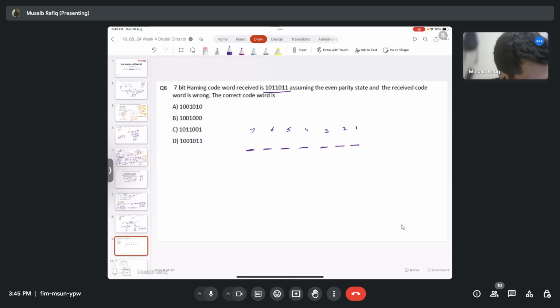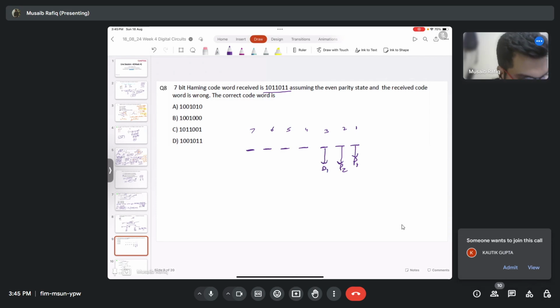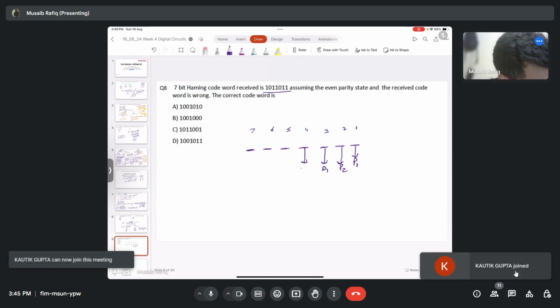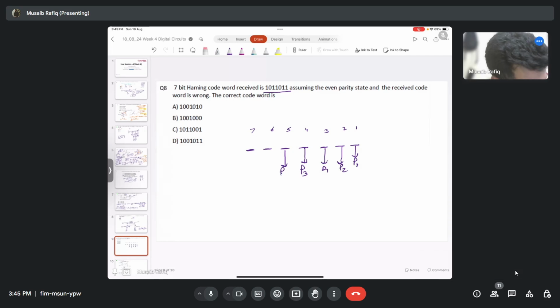Pen is not working, strange. And we write this as P1, parity bit 1, P2, parity bit 2. This is my data bit 1, D1. This is parity bit 3, P3. This is my D2. This is my D3. This is my D4. So 4 data bits and 3 parity bits.